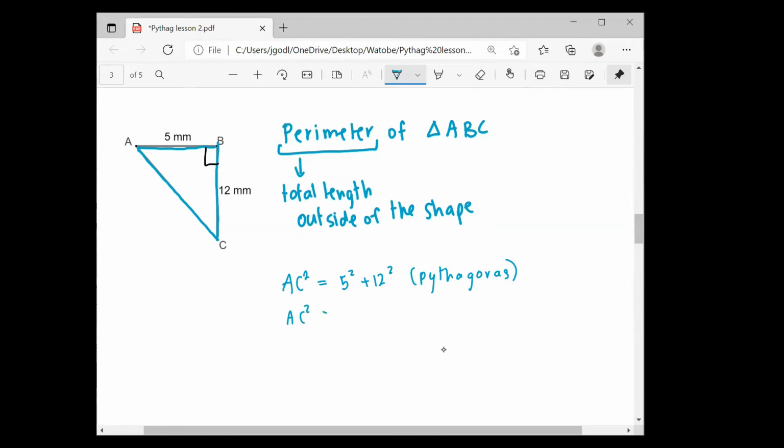So AC squared is going to be equal to 5 squared plus 12 squared, which is 169, which means when we square root it, we're going to get 13. So now we know that that's 13. So our perimeter is going to be 13 plus 12 plus 5, which gives us 30 millimeters.